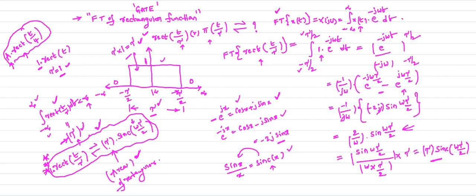Then sinc of omega into tau by 2, where omega is common, and tau by 2 is half of the width of the rectangular pulse.